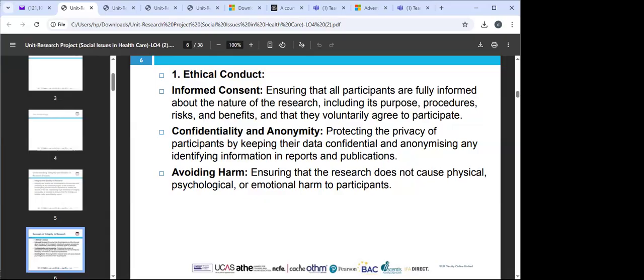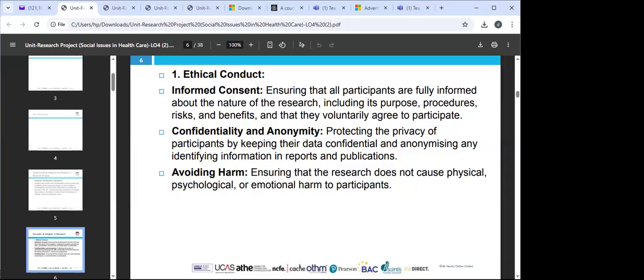You have sought consent from a group of people to participate in your survey or questionnaire. You have to ensure that the information they give you is confidential. It could be used for your project work, but it ought to be confidential.